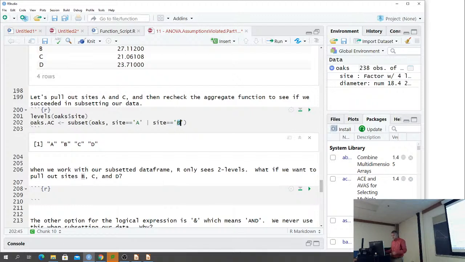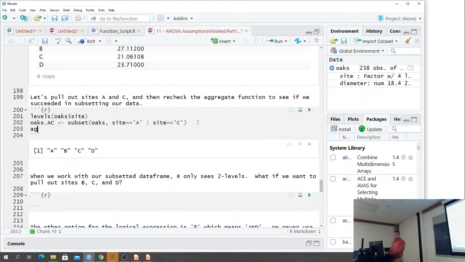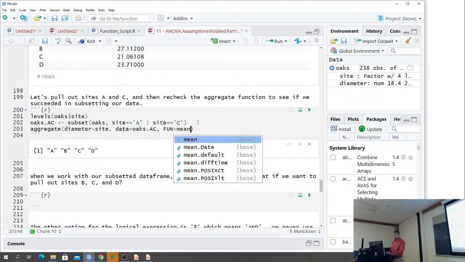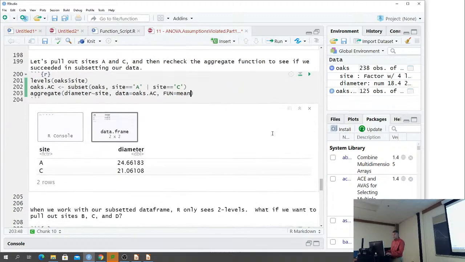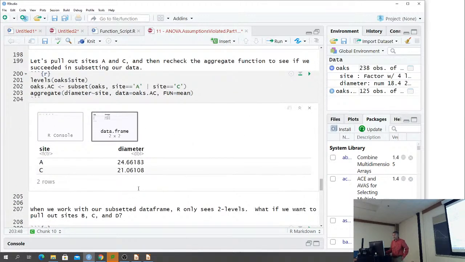So, oh, it's not B, it's C. It's A and C. So we're going to do that, and then I'm going to use the aggregate function again. Diameter is a function of site, but this time I'm going to use the oaks.AC, our subsetted data set, just to confirm that when we run it, it only reports A and C.